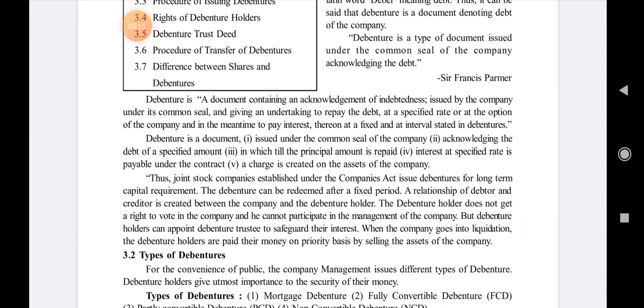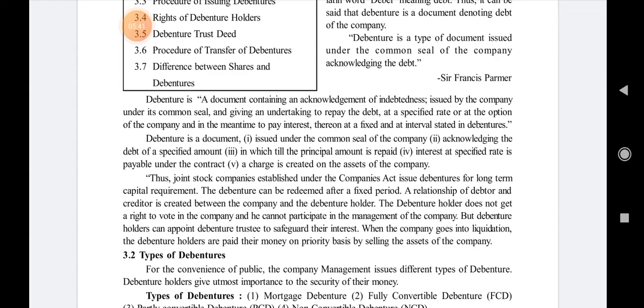Debenture is a document containing acknowledgement of the indebtedness issued by the company under its common seal and giving an undertaking to repay the debt at a specified date or at the option of the company, and in the meantime pay interest thereon at a fixed rate and at intervals stated.